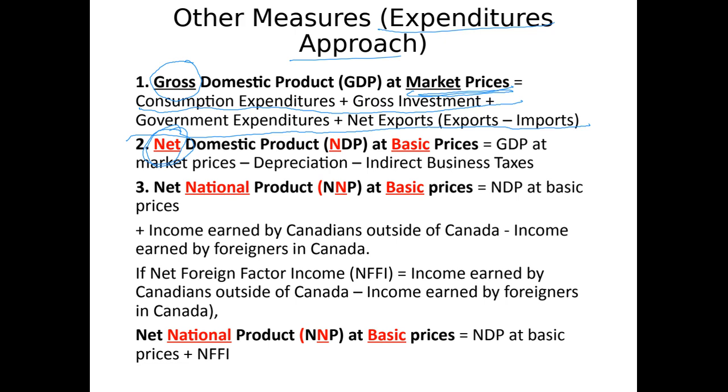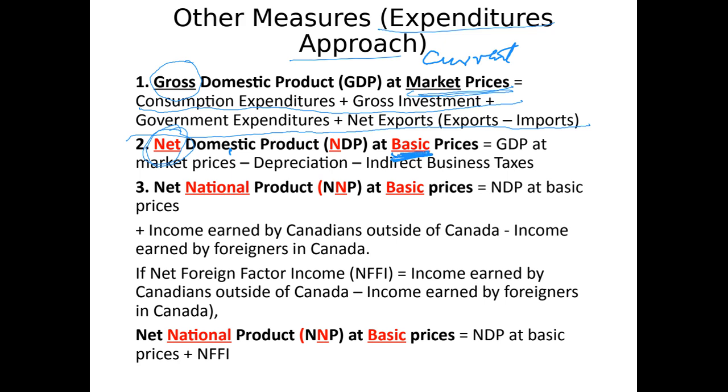Now if you take the other component, here I wrote net domestic product, NDP, at basic price instead of writing current market prices. Sorry, this is not market, this is current prices. Basically, market prices means current prices. So this is basic price.